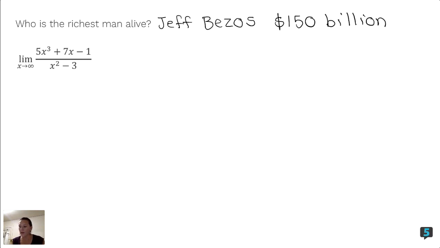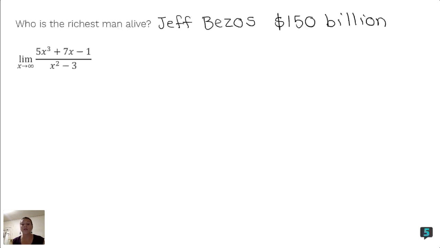So if you think about the situation he's in, if you have $150 billion, a single dollar or two is really going to seem insignificant compared to that 150 billion. That's the same conversation we were just having in comparing x, x squared, and x to the fifth.